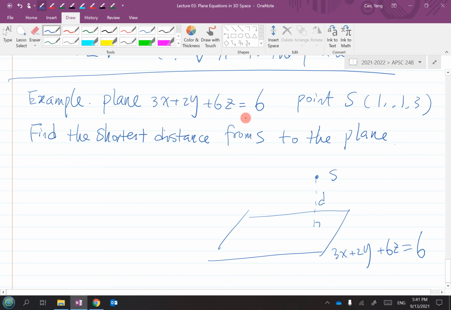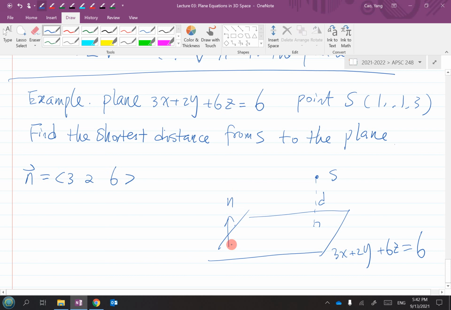Yes, excellent. You can certainly write down a vector that is normal to the plane, which is the coefficients of x, y, z. So I write down n equals 3, 2, and 6. Good, thank you.